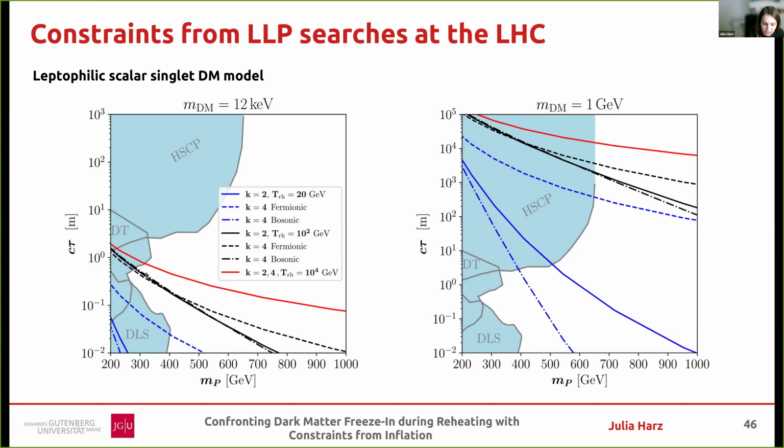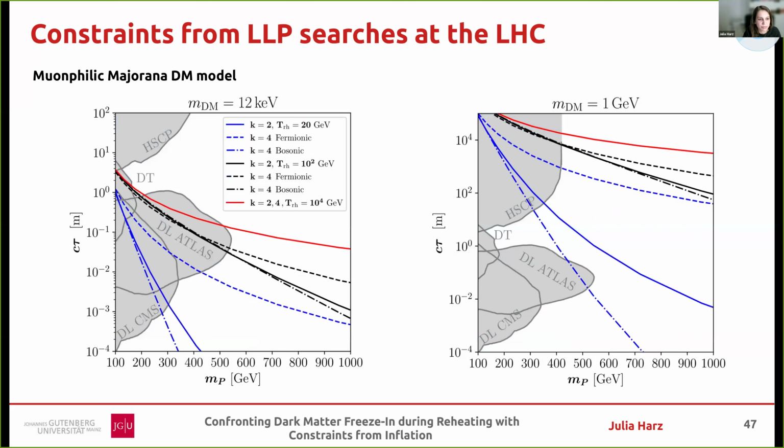Then you cannot simply say a parent particle mass of 300 GeV in this model is excluded. This is why I want to raise awareness: one shouldn't be too quick with exclusions, as it depends on the full thermal history of the universe that we have to take into account.